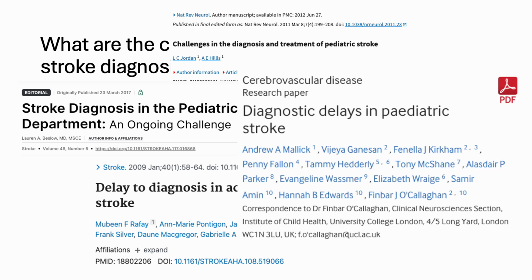Now, this is a bit closer to home for our institution, but this is a cohort from the UK in 2015, a study performed by the Institute of Child Health, which studied 96 children with acute ischemic stroke and 43 with hemorrhagic stroke. And again, what they found was the median time to onset from diagnostic imaging was 24.3 hours in acute ischemic stroke and 2.9 hours in hemorrhagic stroke.